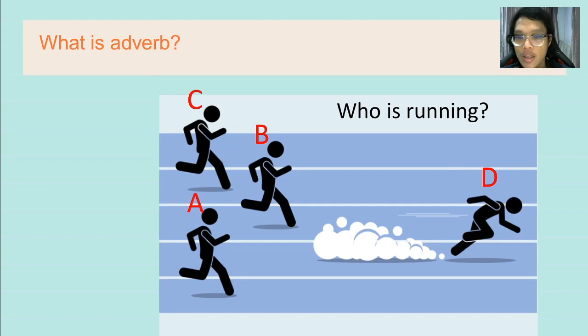We can, right? So this is the importance of adverbs. We can give more details, as we did with the adjective clause or adjectives, about an action that someone is doing. In this case, we see that D is different from the others, so even though the four of them are running, only one person is running differently.